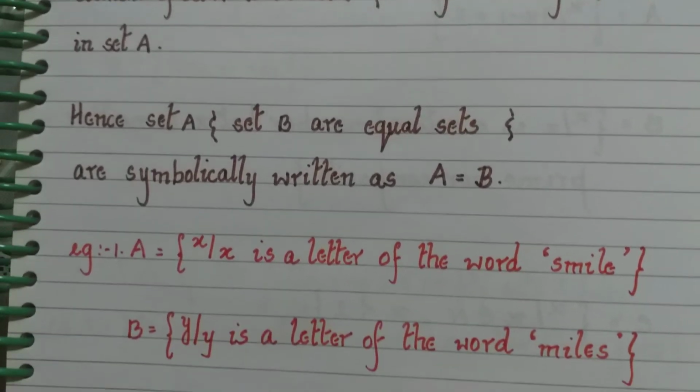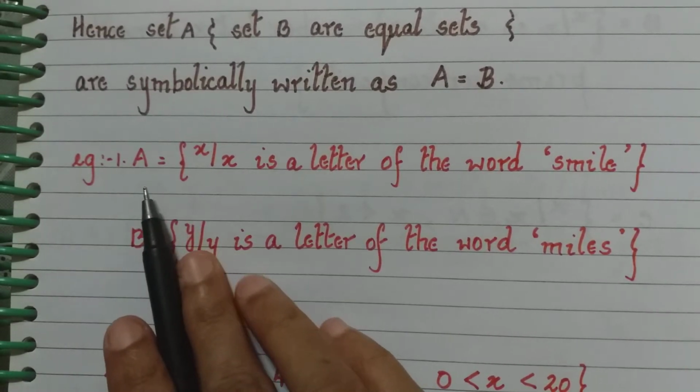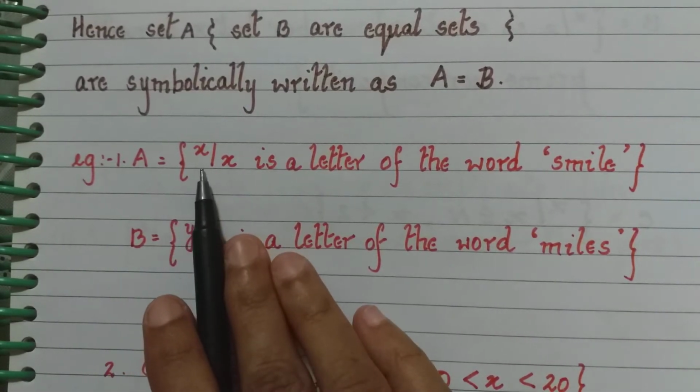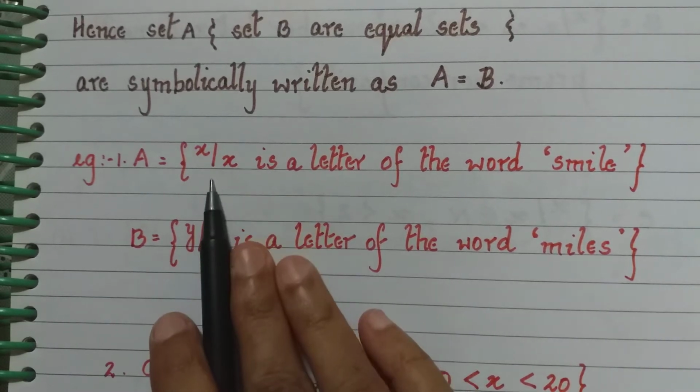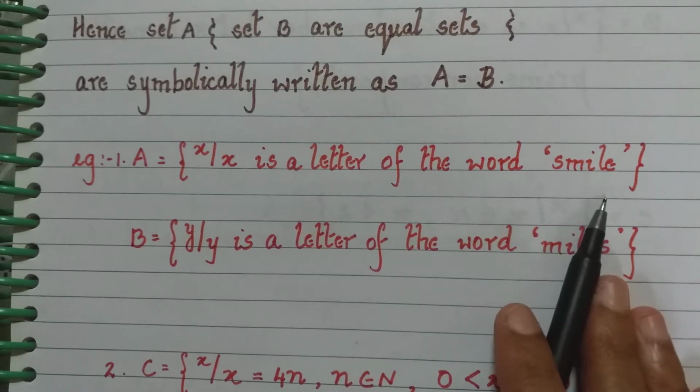Let us see two examples here. We have the first example here. Set A is the set of all x such that x is a letter of the word smile.